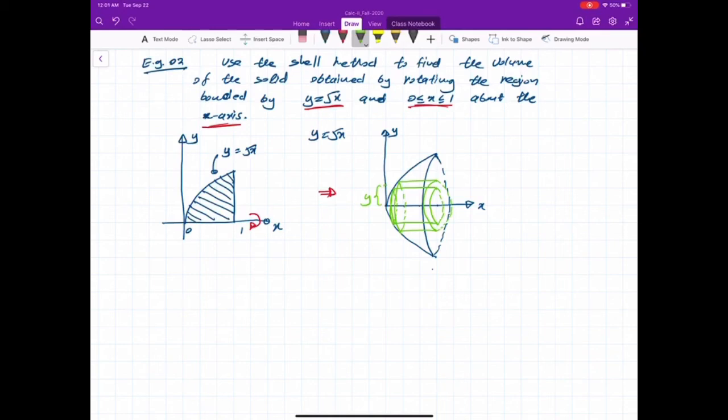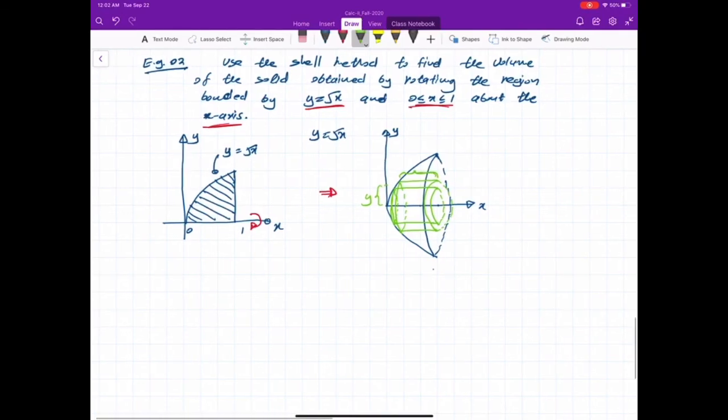All right, so the height of that should be that. Okay, so this length should be taken.